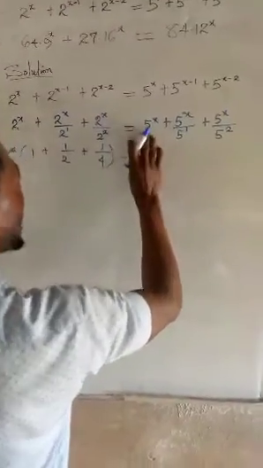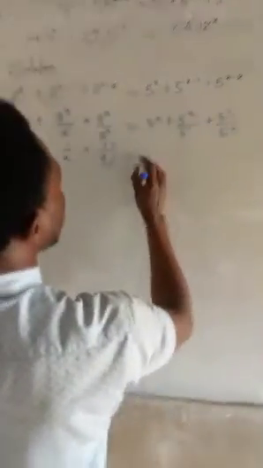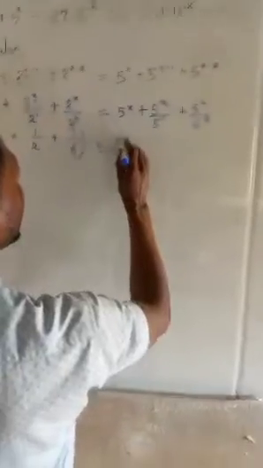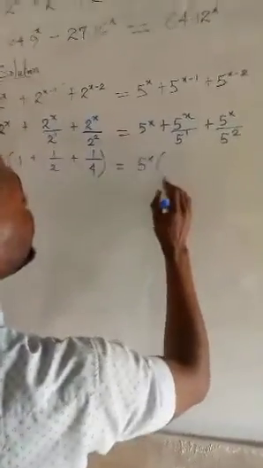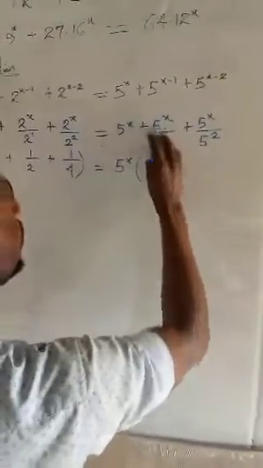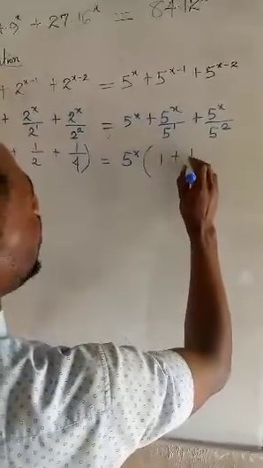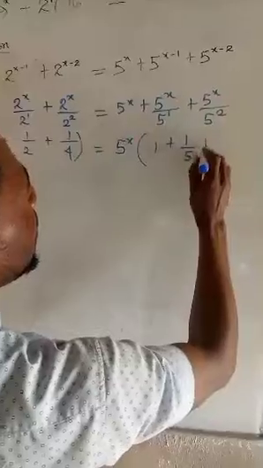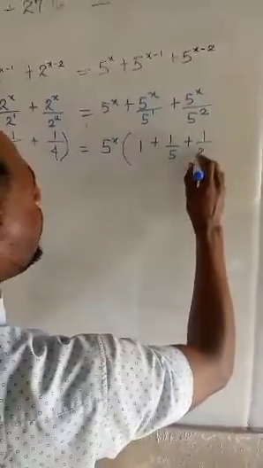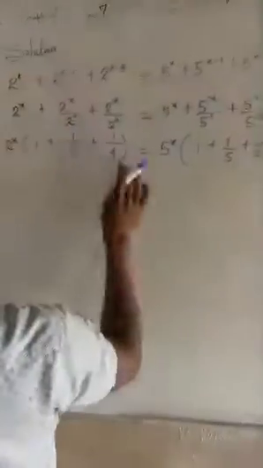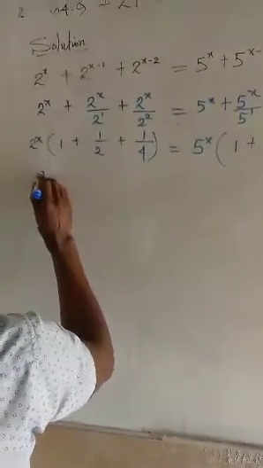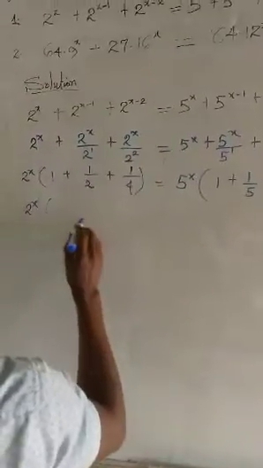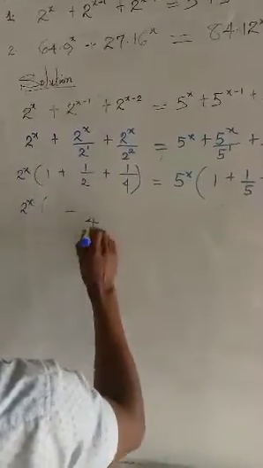Then equals to, we factor 5 raised to power x out. 5 raised to power x into 1 plus 1 all over 5 plus 1 all over 25. So, you can see then, we have 2 raised to power x into, the LCM is 4.